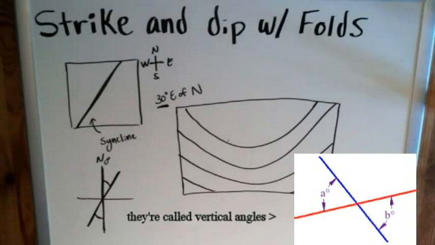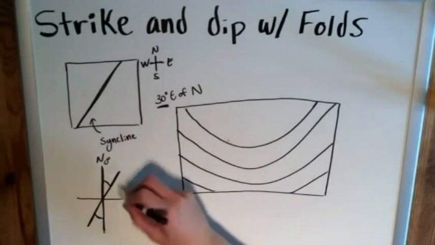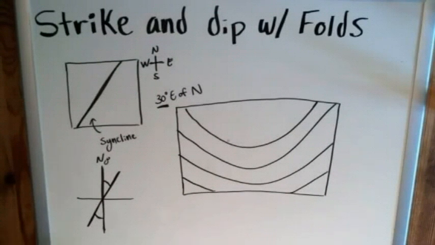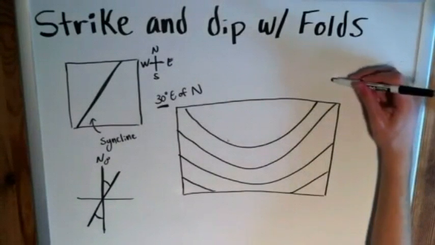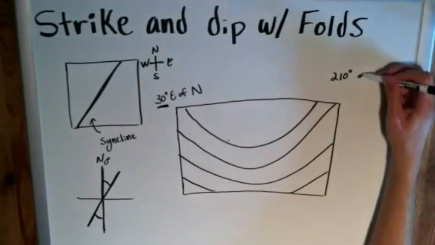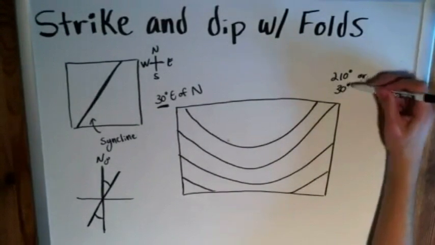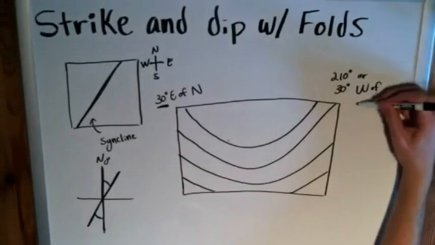So you can say that's 30 degrees west of south, or you can simply say, well, this is just 180 degrees more than this angle, so therefore it must be 30 plus 180, which is 210 degrees. So we can write that as 210 degrees or 30 degrees west of south.